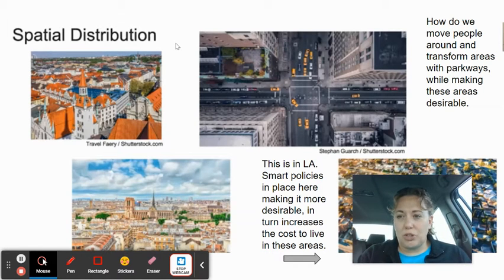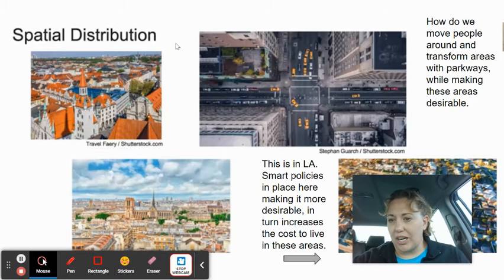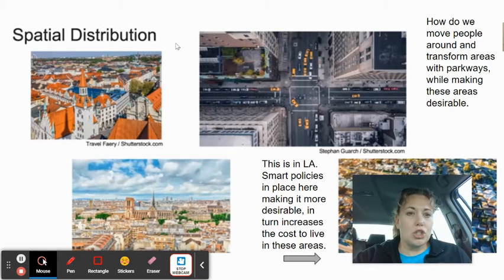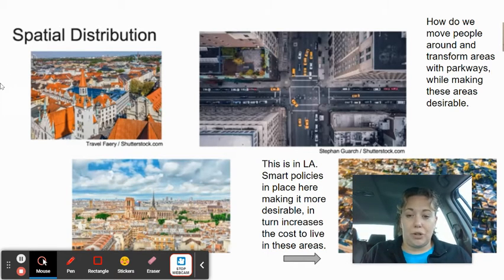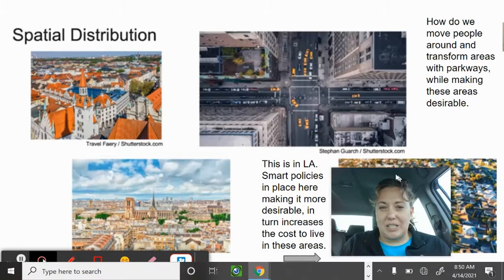Okay, spatial distribution. How do people move around and transform areas while making them desirable? So again, this all comes back to, you've got to work with what was existing. So, 100 years ago, 200 years ago, when cities were being developed, people weren't thinking ahead like this. And so now it's like, okay, how do we keep the traditional, old school European model, but then how do we bring it up to speed?